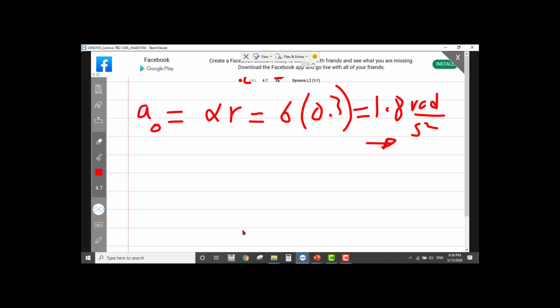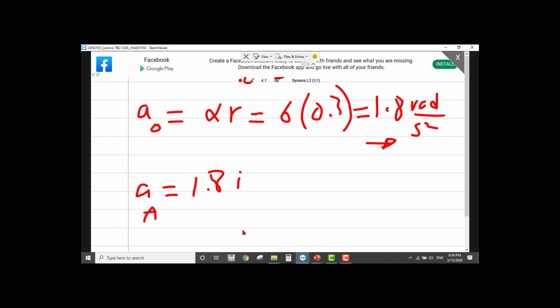Now, we are ready to calculate the acceleration of point A. So the acceleration of point A equals 1.8 in the positive I direction. This is the acceleration of point O, plus, or this is negative, so minus 6, because alpha rotates counterclockwise, cross product.